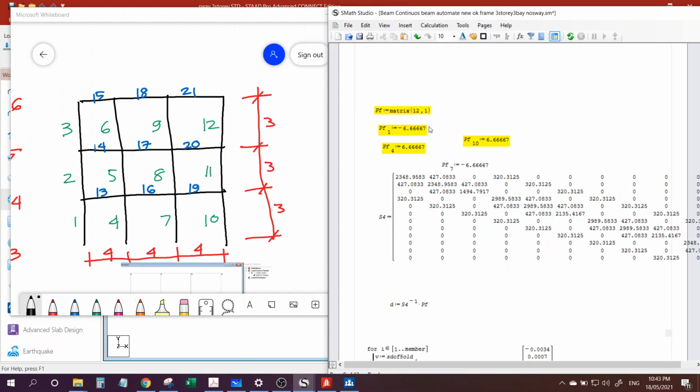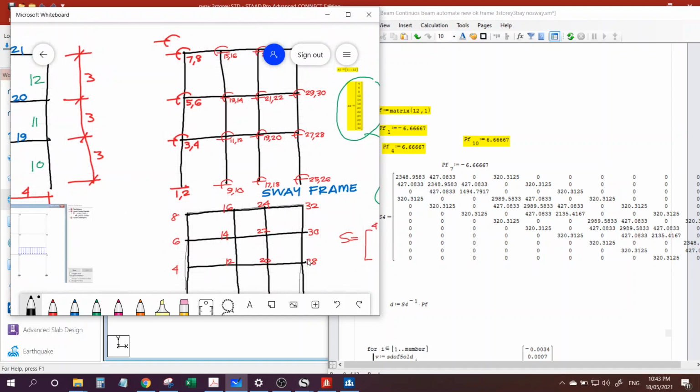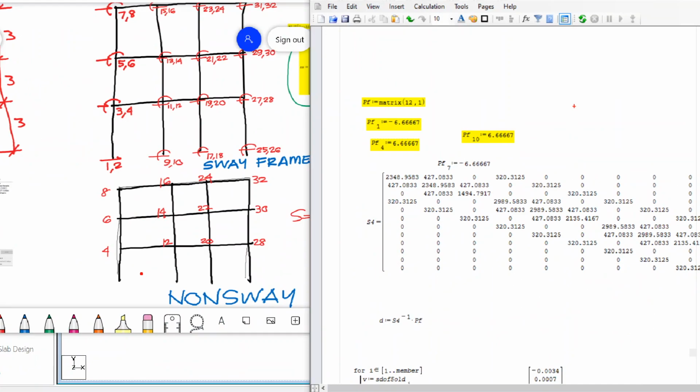Okay, remember, for example, I check. We have a load here, right? Therefore, this uniform load will cause a force on the first and the fourth and 7 and 10. Okay? Which I explained earlier.